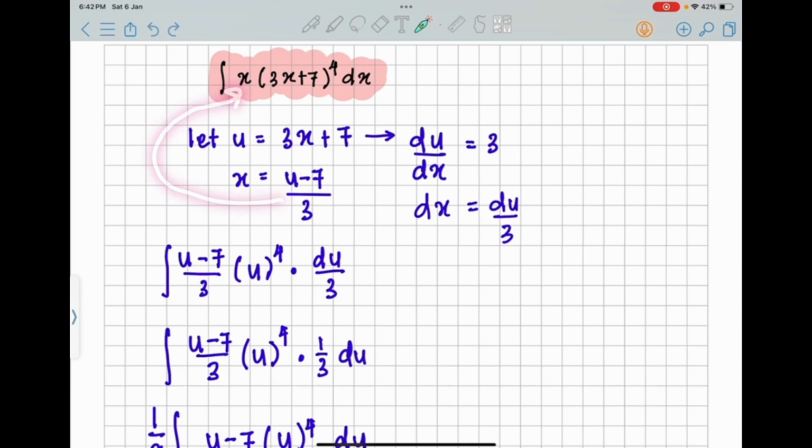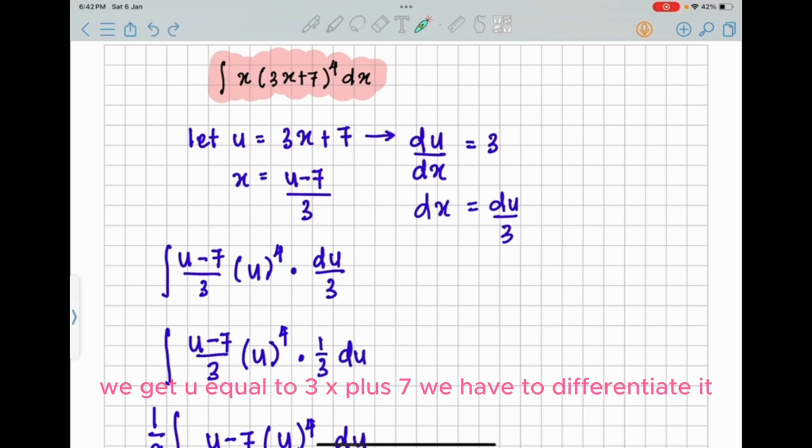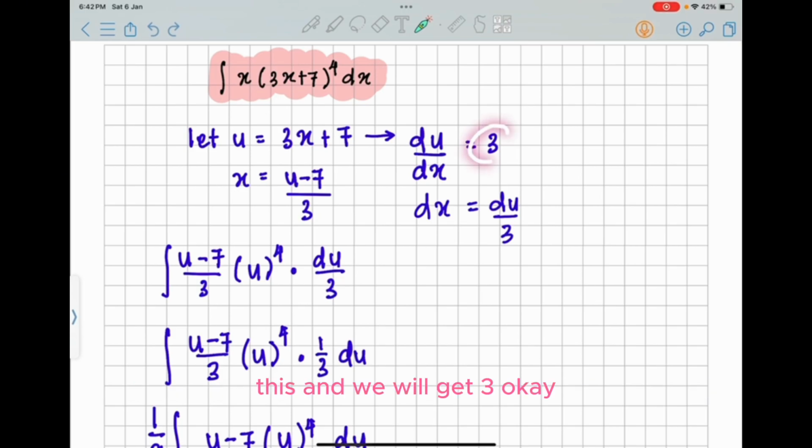After we get u equal to 3x plus 7, we differentiate this and we will get 3. We also have to express dx so that we can substitute into here. After we have u, x and also dx, it will be easier for us to answer this question.